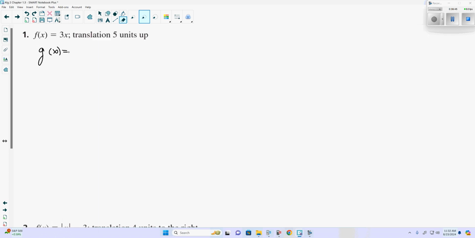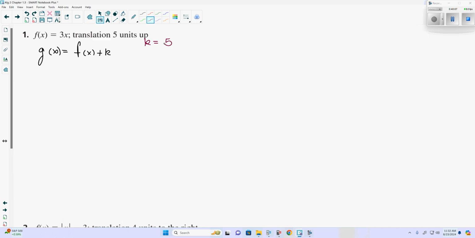Now, our generic version of up and down is going to be f of x plus k. Well, for us here, what is the value of k? We all comfortable with how we got positive 5? Yeah.